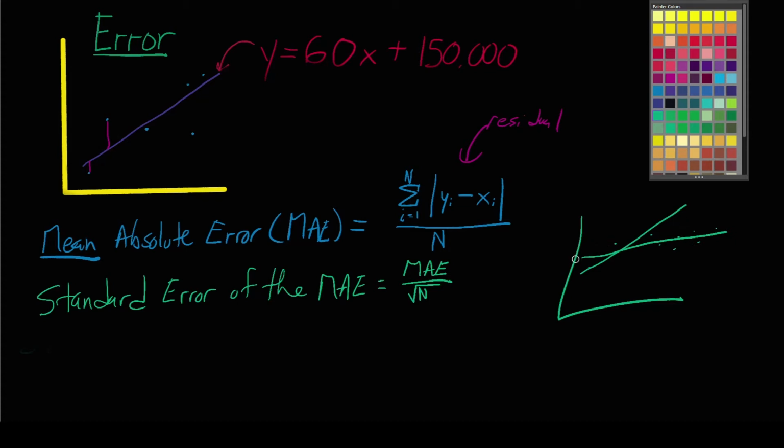And this second line has probably more error, but it's going to have either a similar or a lower standard error of the mean absolute error because it's going to allow us to divide by the square root of the total number of properties. So in a real life situation, this first data set maybe would have, I don't know, let's just say 9 properties, and the square root of 9 would be 3, so we'd be dividing by 3.